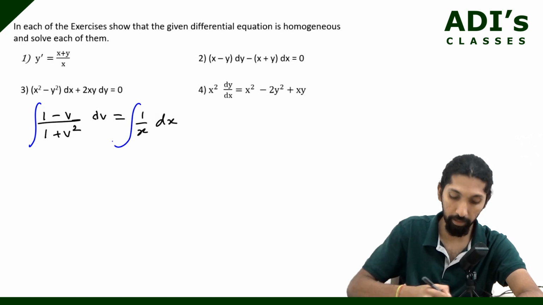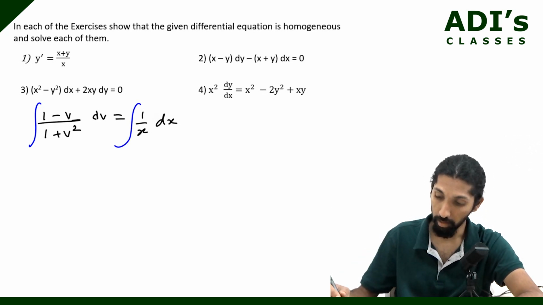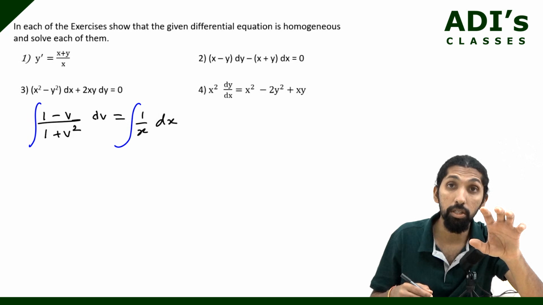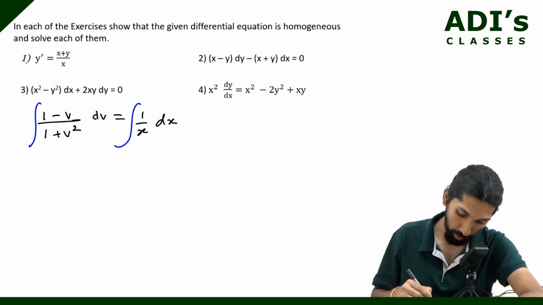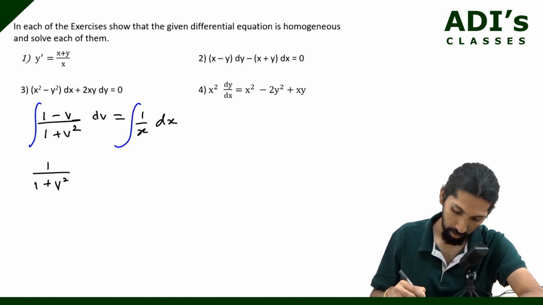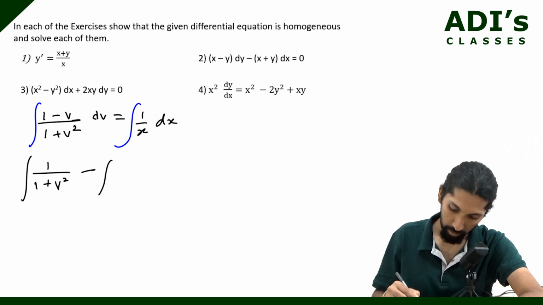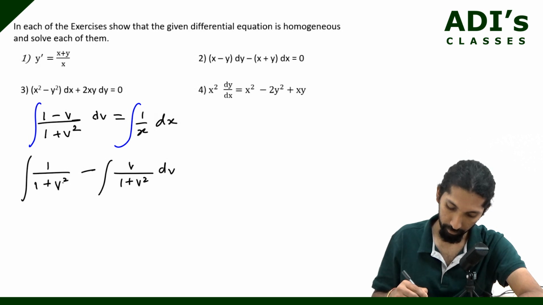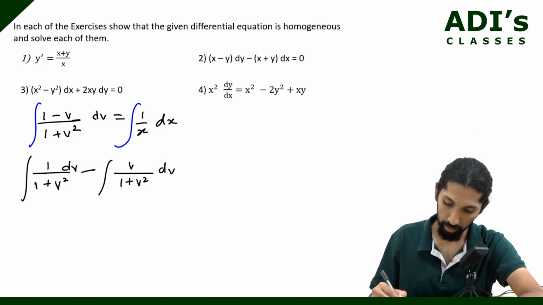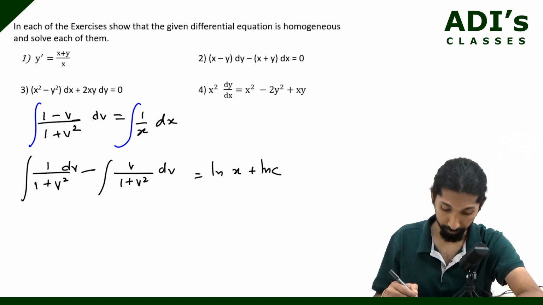Integrate this one, correct? When we integrate, we split it. That means we'll do 1 by 1 plus v square minus v by 1 plus v square is equal to log of x plus log of c, right?